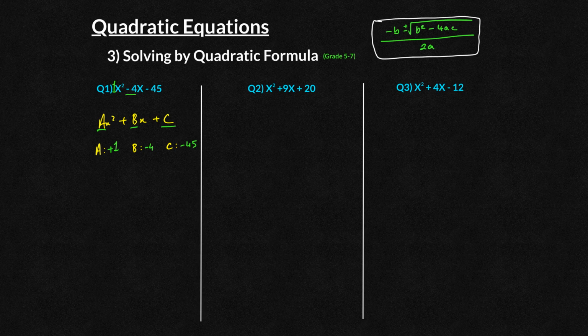Once we have a, b, and c, and you've remembered the quadratic equation, it's a matter of just substituting the values in. So we've got minus b, so minus, open bracket, whatever the value of b is, it's negative 4. Then we've got plus and minus, so this is where some people get a bit confused.